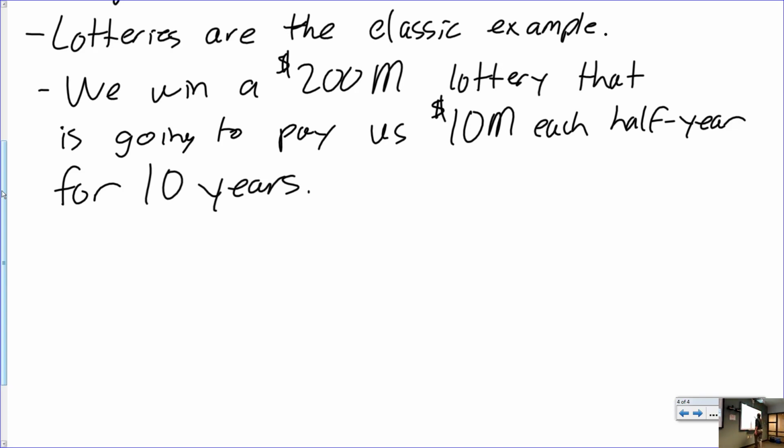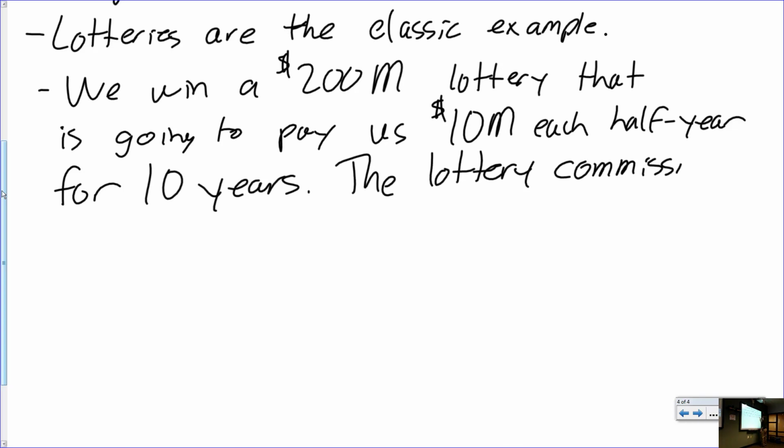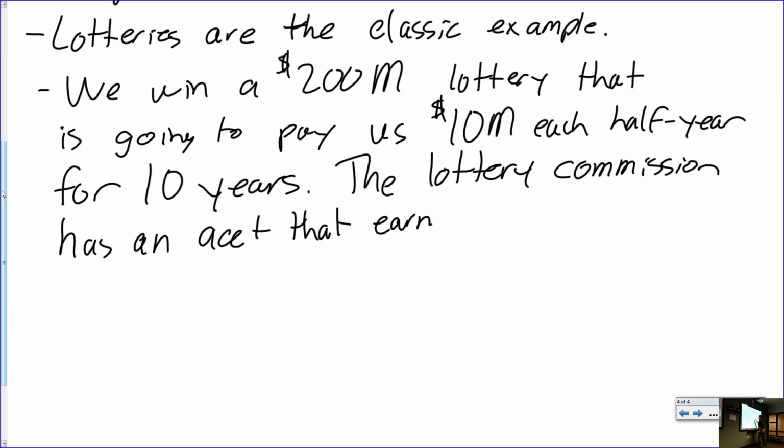Now, the Lottery Commission has an account that earns, let's suppose, let's keep it simple to start with here, 6% compounded semi-annually.